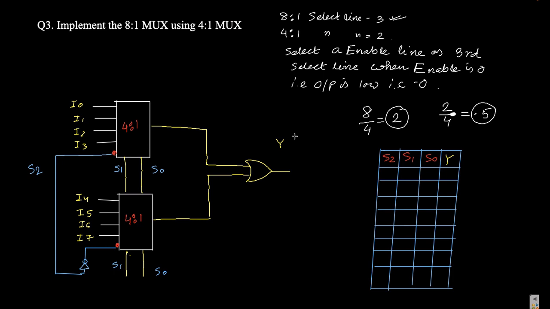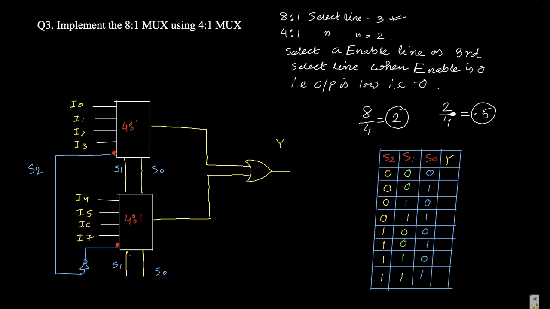Okay. Now, what are the possible combinations? 0 0 0, 0 0 1, and so on up to 1 1 1. Here it is 0 0 0 0 1 1 1 1, and here it is 0 0 1 1 0 0 1 1, and here it is 0 1 0 1 0 1 0 1.